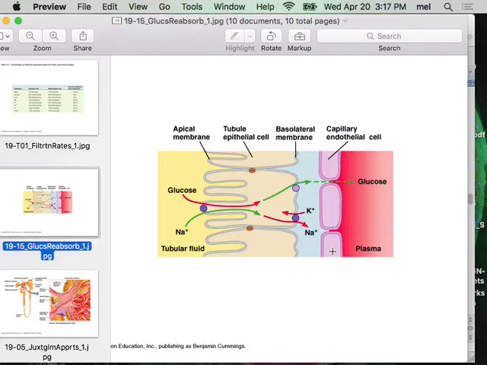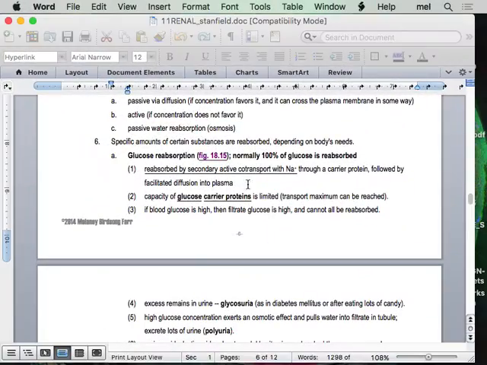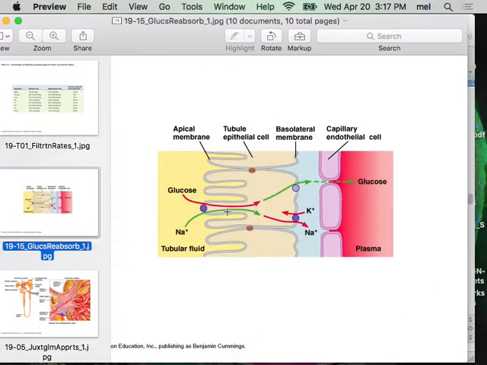Does everybody see why you couldn't diffuse it, for instance? Because the bloodstream still has glucose in it. All right, so the problem is simply this. This is a carrier, and remember, carriers are subject to saturation. If they get full, they're full, and you can't transport anymore.